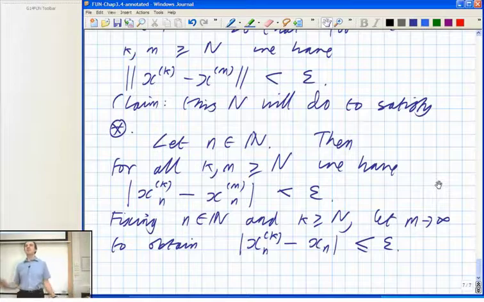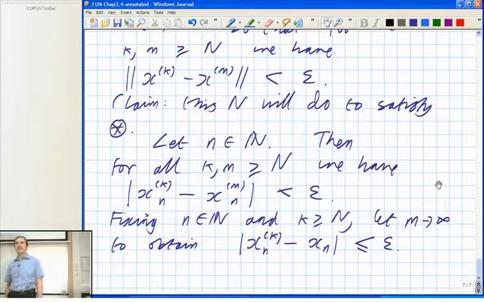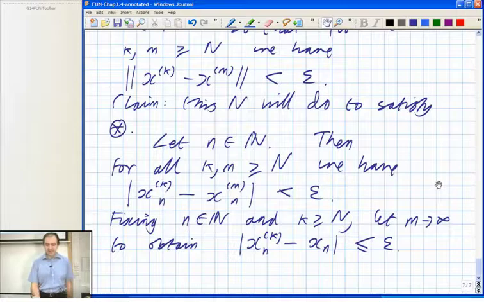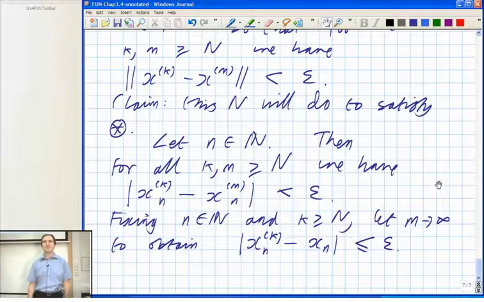So what did I use there? What did I do when I let m tend to infinity? Obviously, after a while, m is at least capital N. So that's why I was taking a limit of things less than epsilon. What else did I use? I'm not asking for anything deep here.